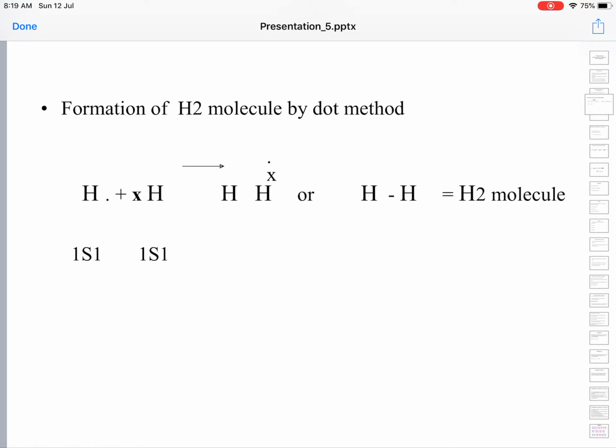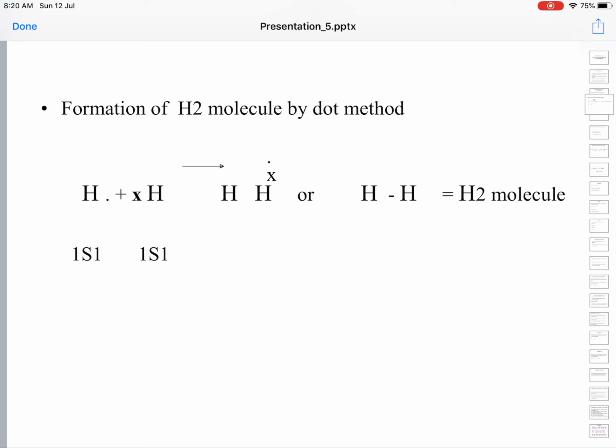But since we are discussing the formation of a chemical bond here, to differentiate the electrons of different atoms, we take recourse to this method, so that we can differentiate between the two.